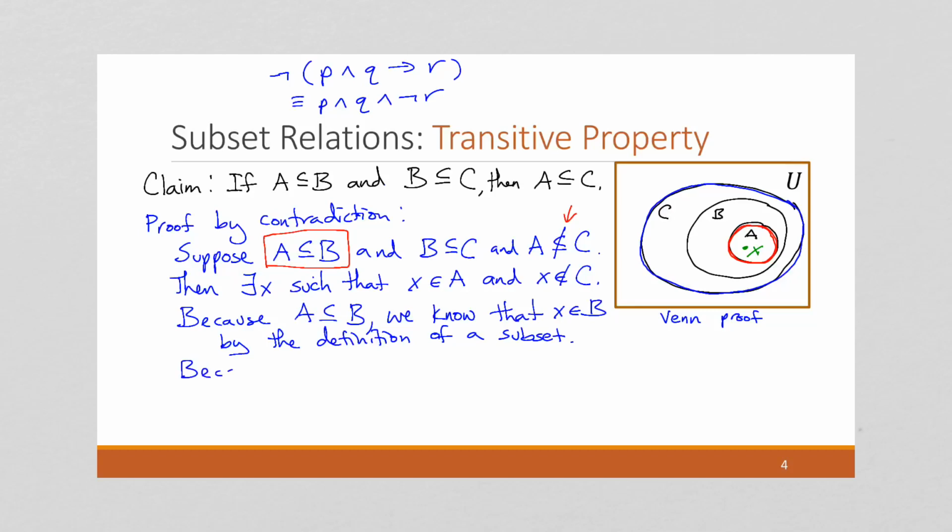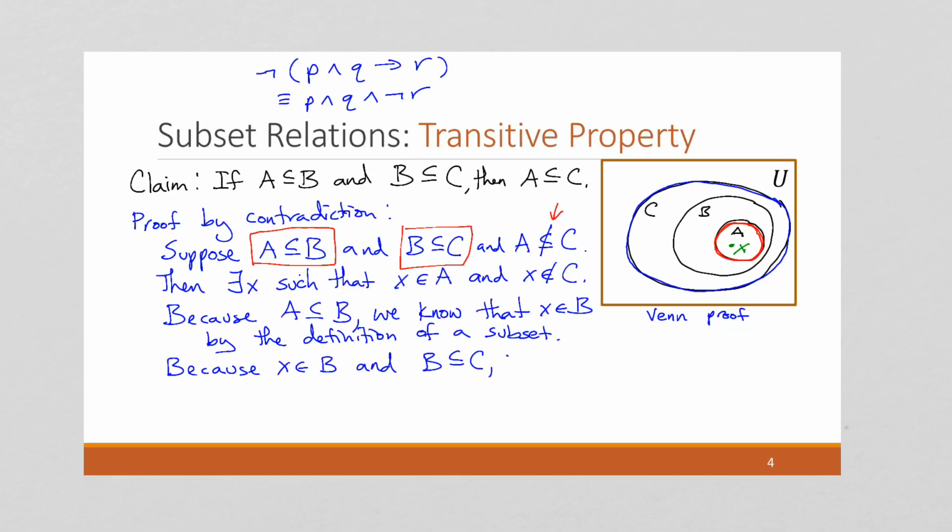Well, because X is an element in B and B is a subset of C, and again, this is something we're supposing, X is an element of C by the definition of a subset.